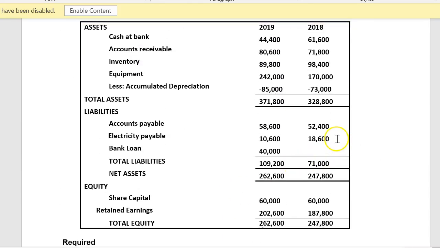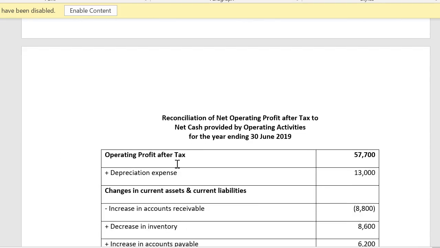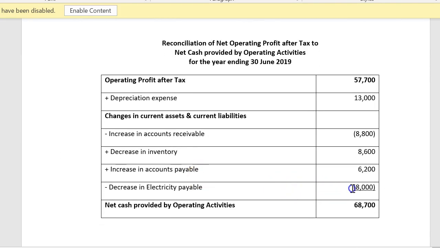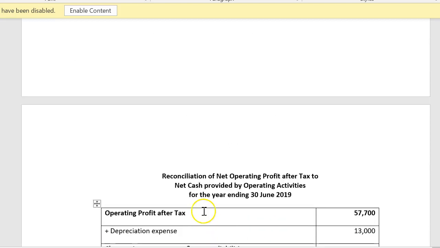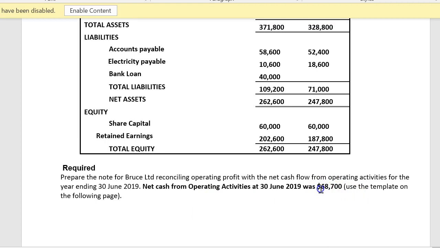Electricity payable decreased by 8,000 from last year. Decrease in electricity payable is a debit. You minus that. That's what you see here. And that gives you net cash from operating activities of 68,700, which is correct.